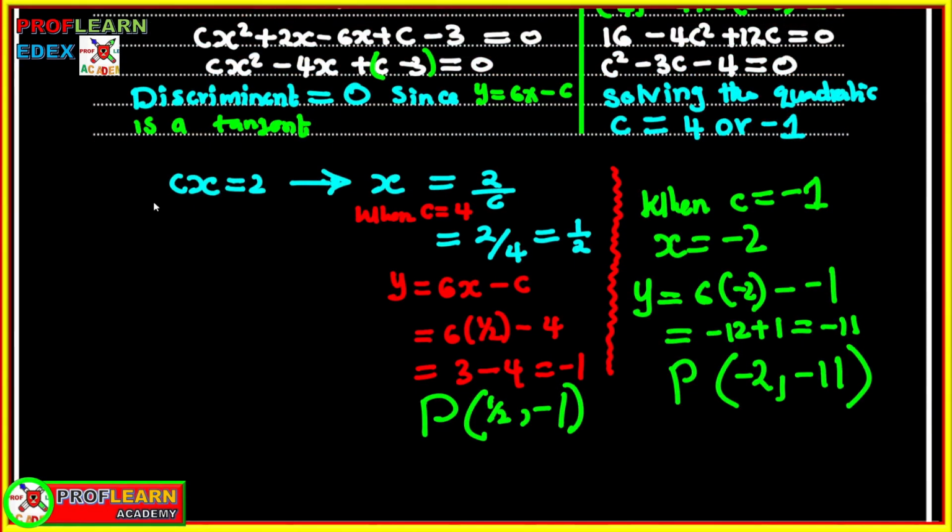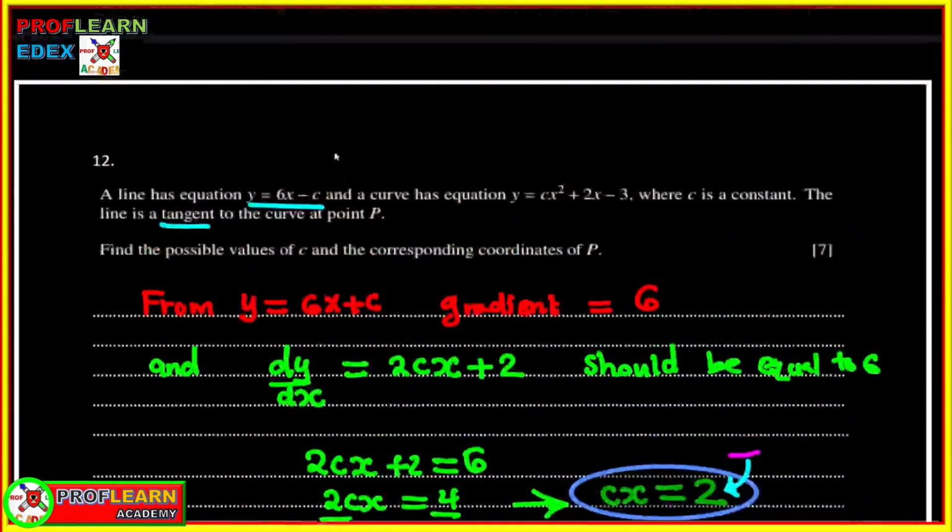So I'm going to say from cx equals 2, x equals 2 over c. When c is 4, my value of x is going to be half. Then from the value of x, I am able to get the value of y. So I'll go back to the original equation here.